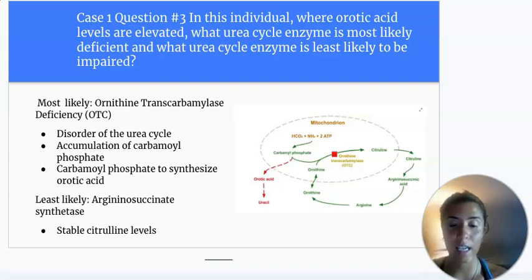OTC deficiency is a very common disorder of the urea cycle. This deficiency leads to the accumulation of carbamyl phosphate. Carbamyl phosphate is redirected to the synthesis of orotic acid, thus elevating its levels. Argininosuccinate synthetase would be the enzyme that is least likely to be impaired because the citrulline levels remain normal in this patient.